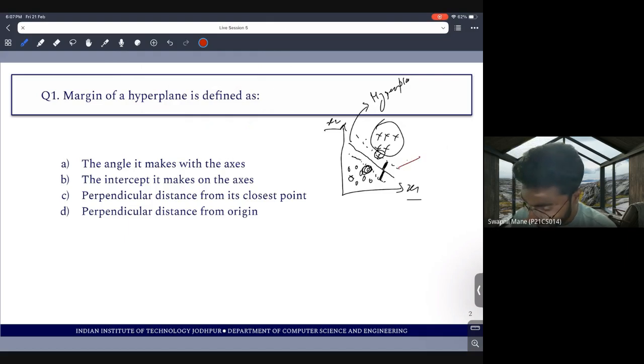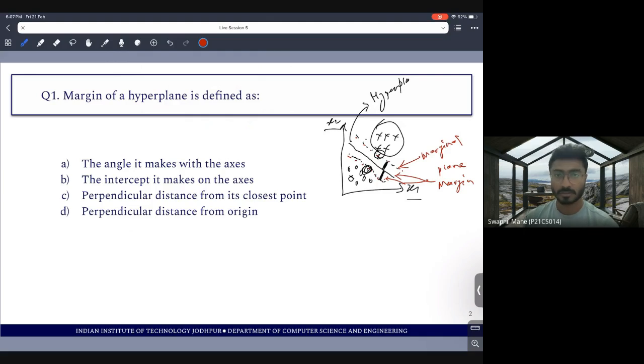Okay. So this line is a marginal plane. This is a margin, meaning distance. So this is also the same, right? This is also the same margin distance. This is also a marginal plane, like this line. Okay.